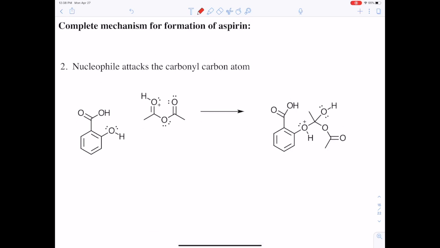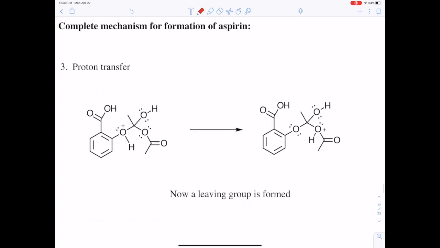So our nucleophile is the salicylic acid, and it's the phenol oxygen that attacks the electrophile, kicks these electrons up. Now what happens is this hydrogen has to go.